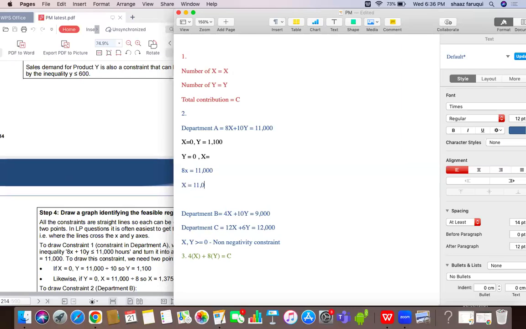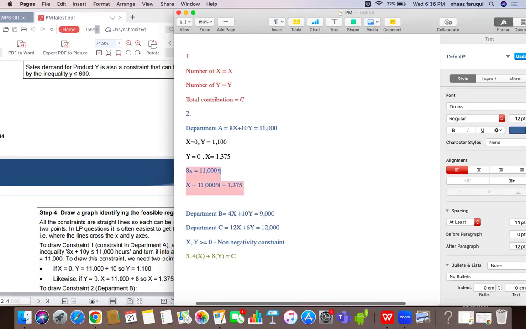So x is equal to 11,000 divided by 8, because 8 goes to the RHS. So 11,000 divided by 8 will be 1,375. So what is happening? If y is equal to 0, x is equal to 1,375.